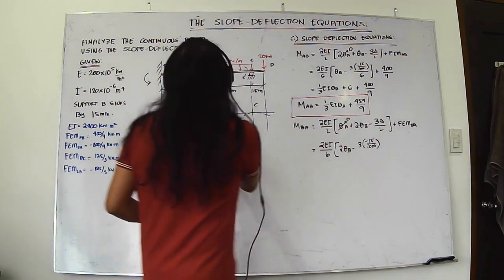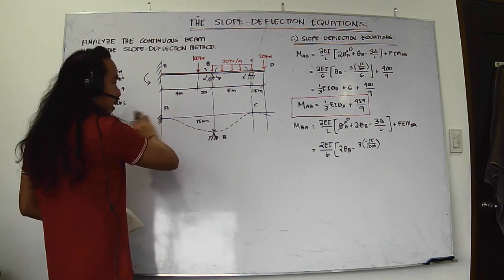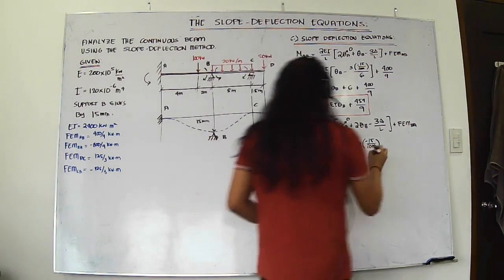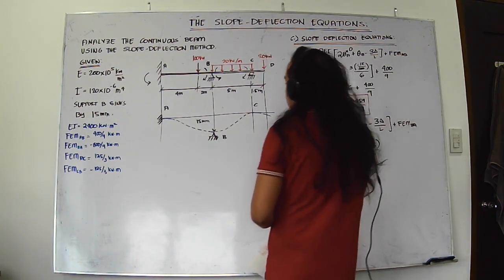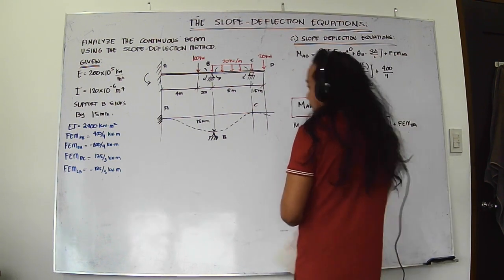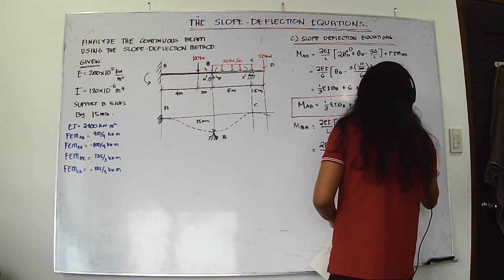Even though I said it goes up for BA, we consider it the same. L is equal to 6. FEM BA is equal to negative 800 over 9.